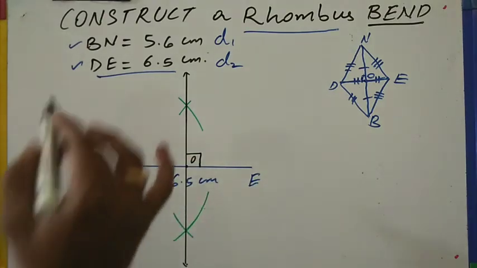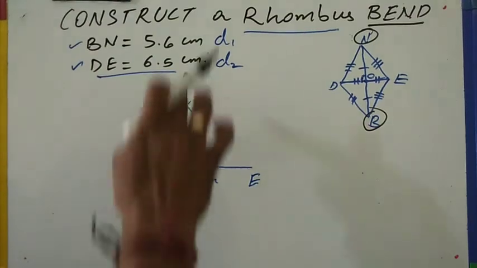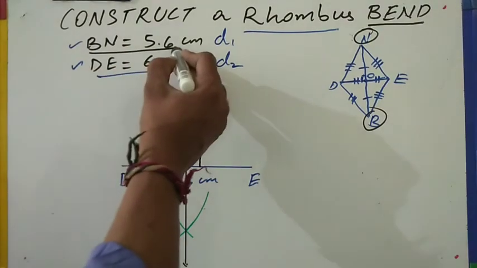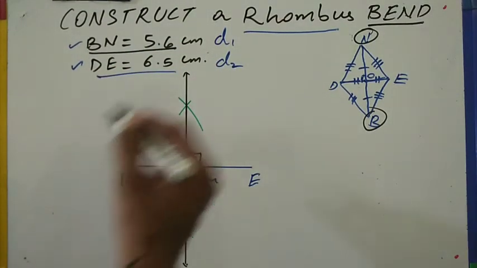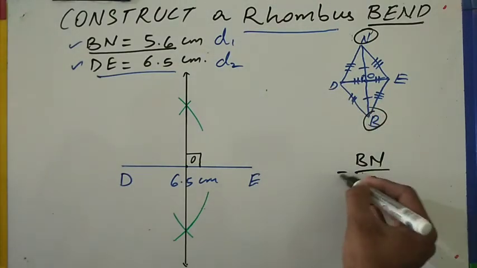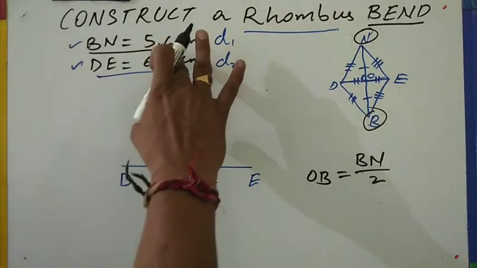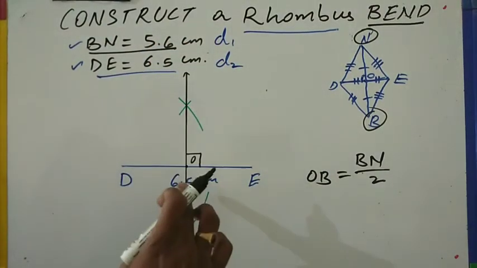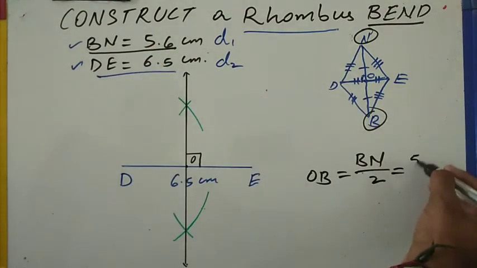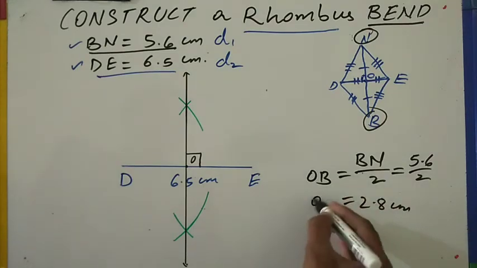Now, remember points N and B must lie on this line only, where you know the measure of BN is 5.6. If I take half of BN, it must be the OB. Why? Because the BN measure is divided into two equal halves, then only O becomes midpoint. That means 5.6 by 2 will give 2.8 centimeter as OB.